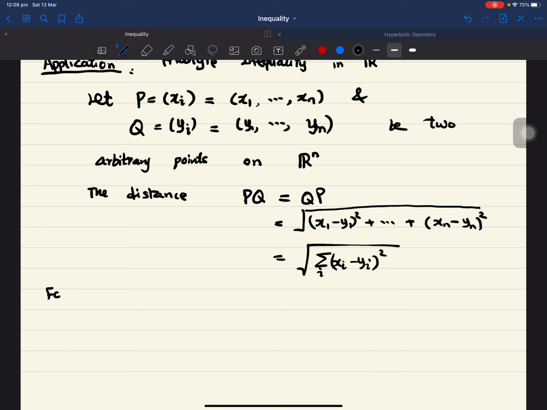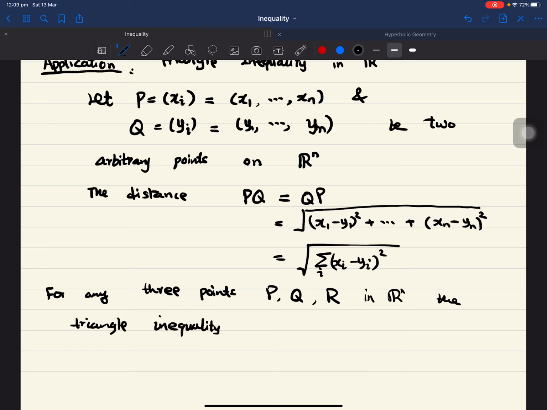And for any 3 points P, Q, R in Rn, the triangle inequality holds. That is, PQ is less than or equal to PR plus RQ.